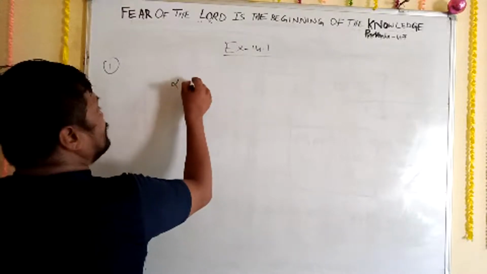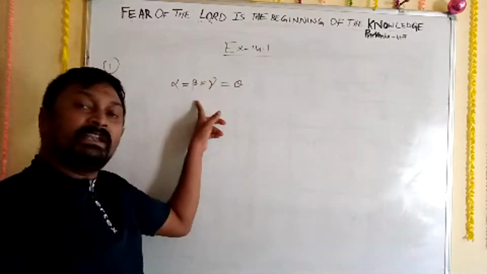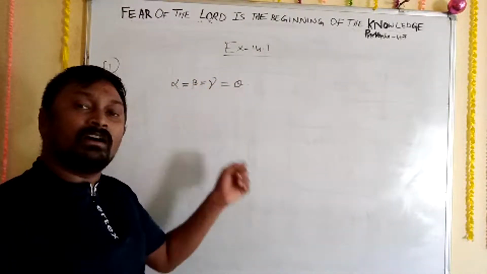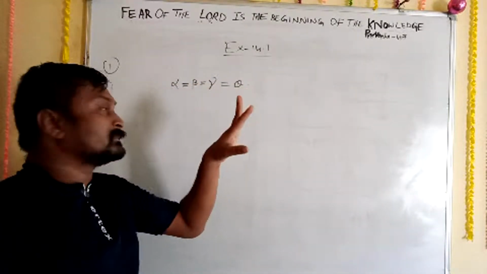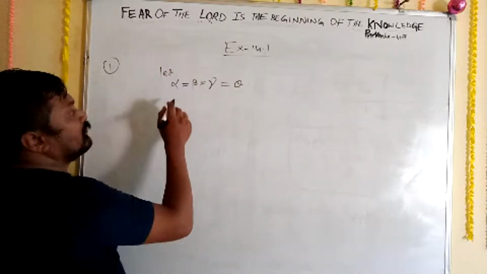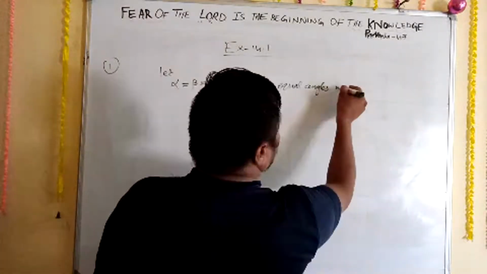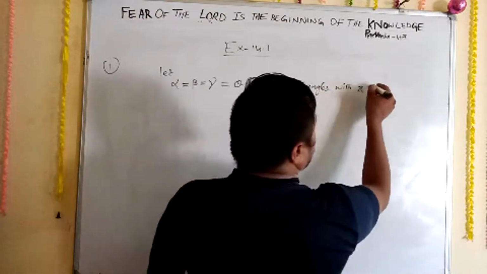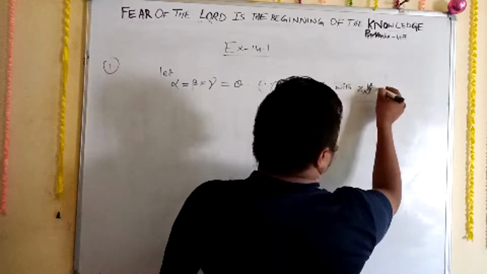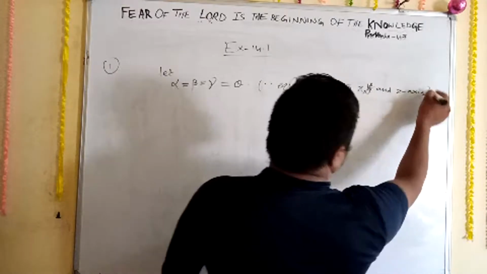That means alpha is equal to beta is equal to gamma, all are the same. So let alpha be equal to beta is equal to gamma is equal to theta with the x, y and z axes.